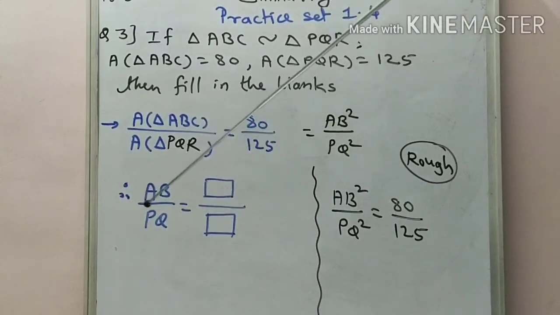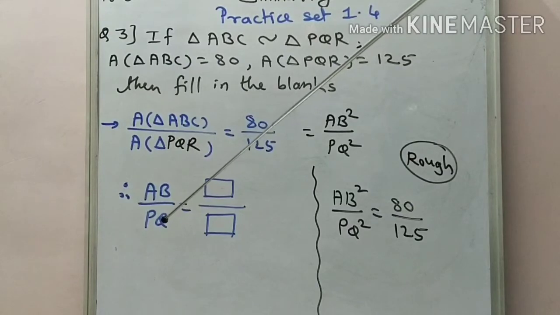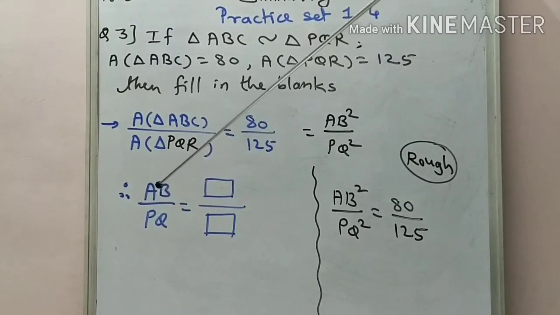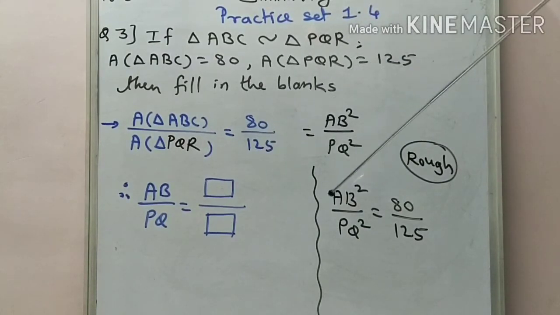To find AB upon PQ, we use that property: the ratio of areas of two similar triangles is equal to the ratio of squares of their corresponding sides, and for AB, the corresponding side is PQ. So we can write AB square upon PQ square equal to that ratio value, 80 upon 125. First we solve this part in rough.